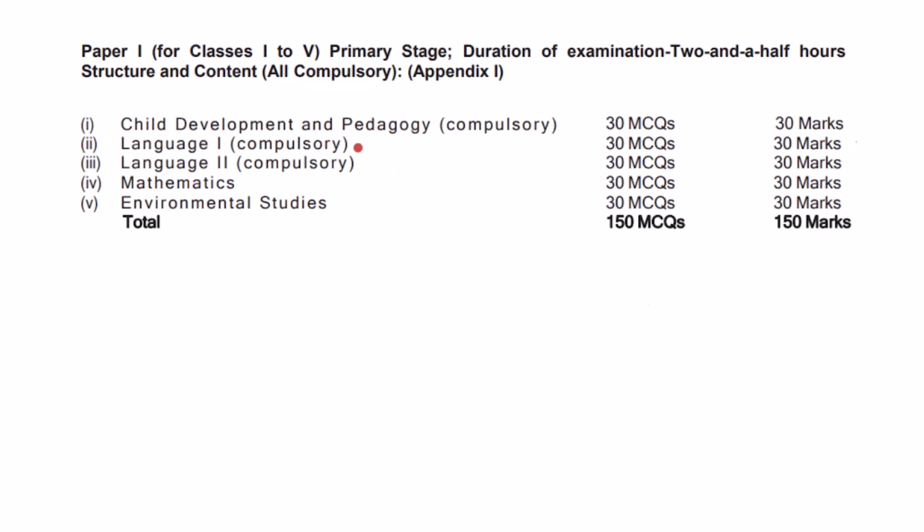Language 1 examines your proficiency in the medium of instruction. For example, if you are teaching in an English medium school, language 1 will examine your proficiency in English, and if you are teaching in a Hindi medium school, language 1 will examine your proficiency in Hindi.